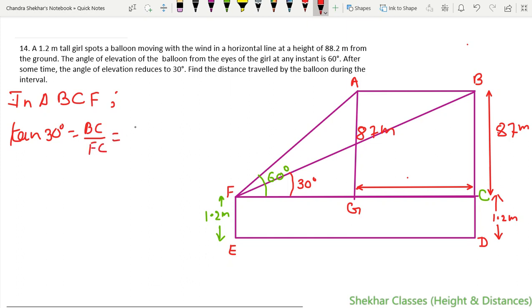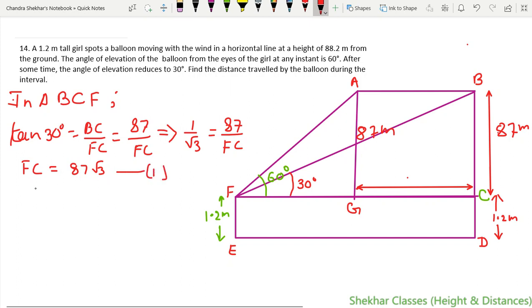BC is nothing but 87, so I will write 87 here, and FC is to be calculated. Furthermore, tan 30 is 1 upon root 3, equal to 87 upon FC. So we can write FC is equal to 87 root 3. Let it be number 1.